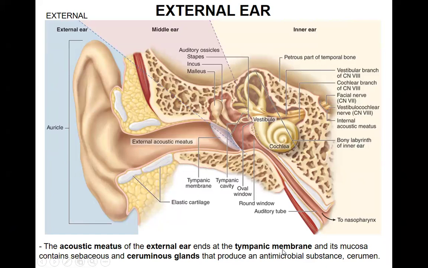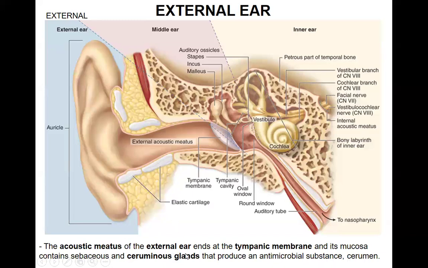It is from the Junqueira textbook. So the acoustic meatus, which is here, this is the external ear, is all elastic cartilage. The acoustic meatus of the external ear ends at the tympanic membrane. This is the tympanic membrane, and its mucosa contains sebaceous and ceruminous glands that produce an antimicrobial substance, the cerumen.